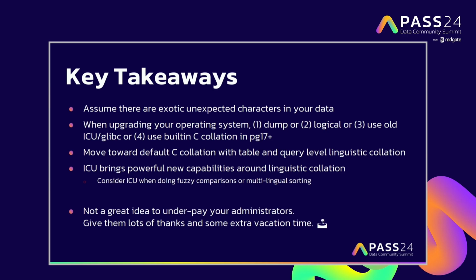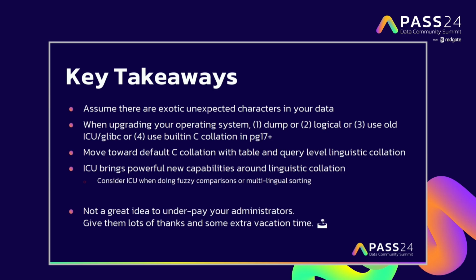Better safe than sorry. Number two, if you need to upgrade your operating system and you want to be 100% safe, these are your options. All right? pg_dump, pg_restore, always safe. That's a logical dump. That's always fine. Logical replication, you do need to be careful with, because logical replication always involves a seed or an initial build out.